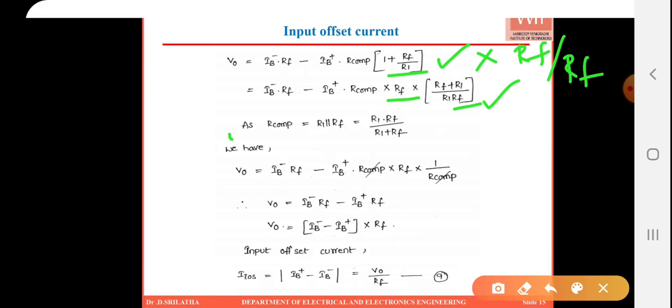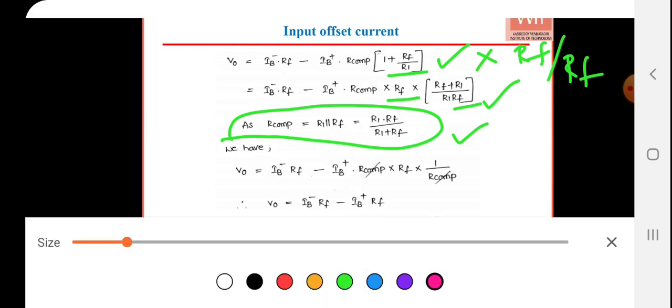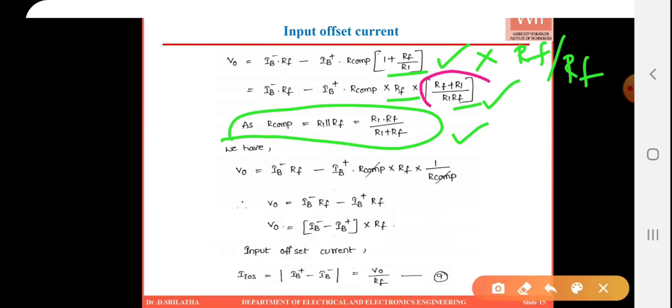As we know, in the bias current compensation we have already derived that R compensation is R1 in parallel with RF. So I am going to substitute this parameter as R compensation. Then the R compensation value cancels out.